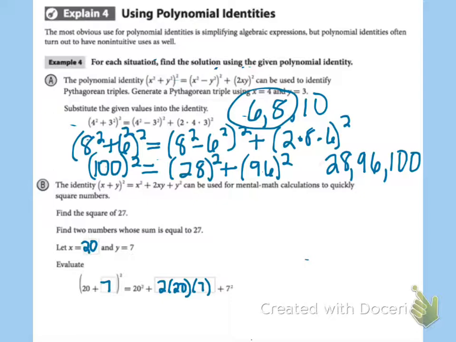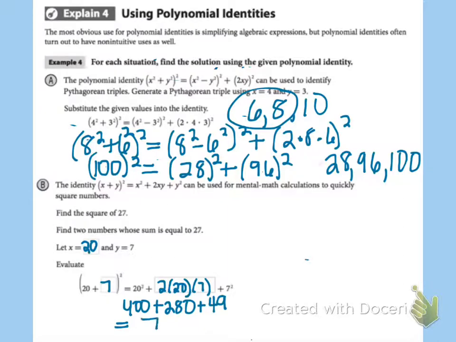So 20 squared would be 400. 2 times 20 times 7, that would be 40 times 7, that's 280. And then 7 squared is 49. Add those together, and that adds up to, I think, 729.